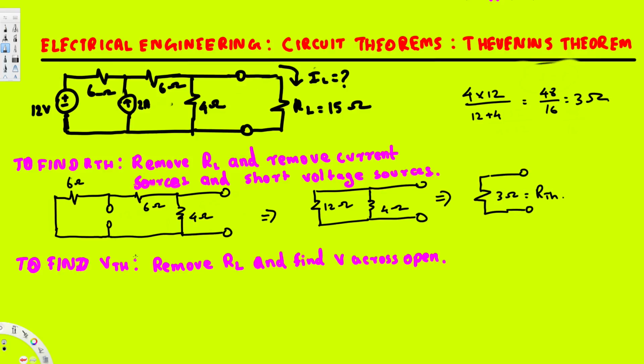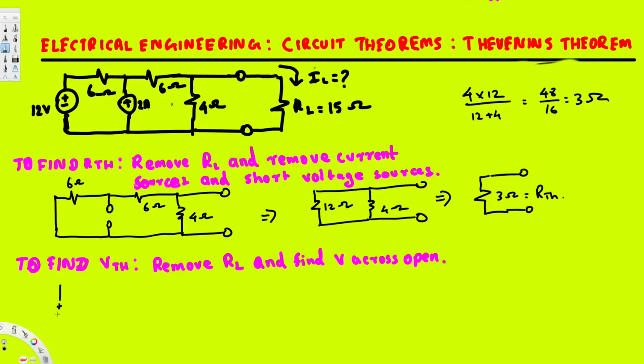Now let's see how we can find the V Thevenin. To find V Thevenin, we remove the load resistance and we find the voltage across the open. So when we remove this one, here we are going to have an open place, and we have to find the V Thevenin across that one. Now let's go ahead and do that. Let's draw the circuit for this one.